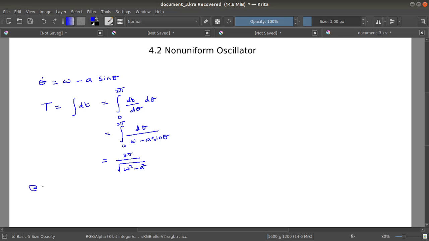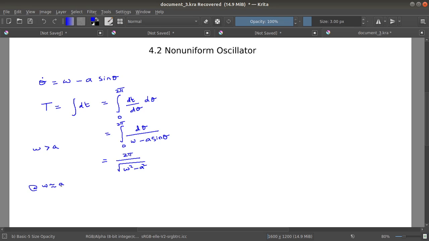This whole thing is valid only when omega is greater than a, but let's consider omega very near to a.